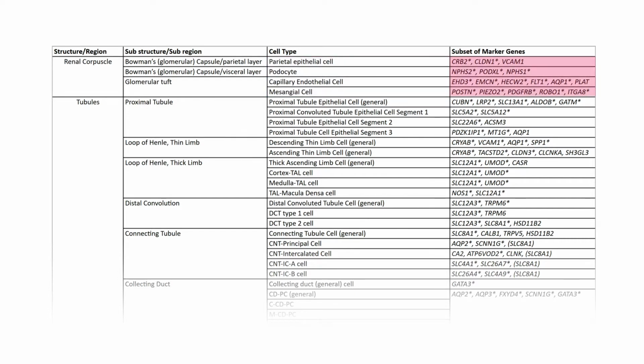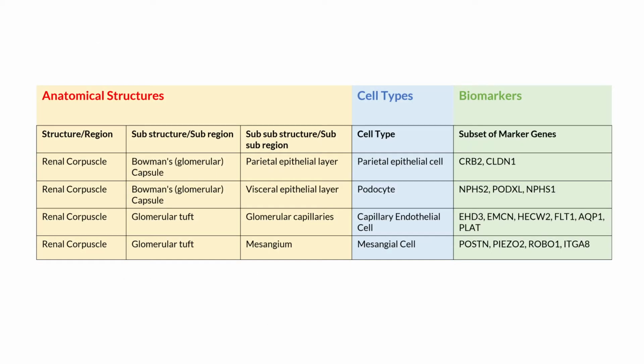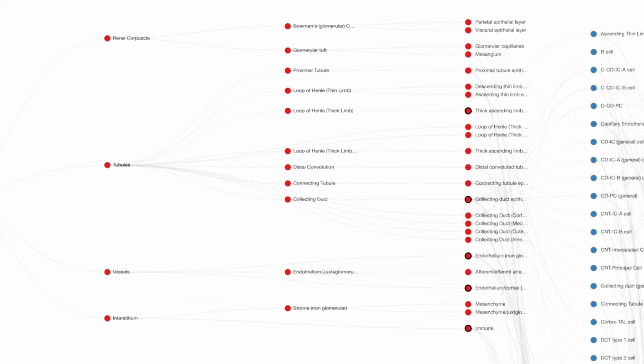Plus, the table lists the biomarkers that can be used to identify cell types. We see that the glomerular tuft contains 2 cell types, which are commonly identified by specific genetic biomarkers. The ASCT tables are flattened to make them machine-readable so they can be visualized for exploration.